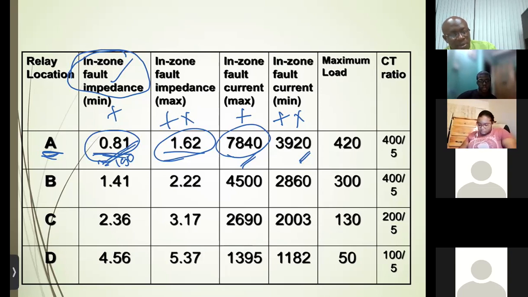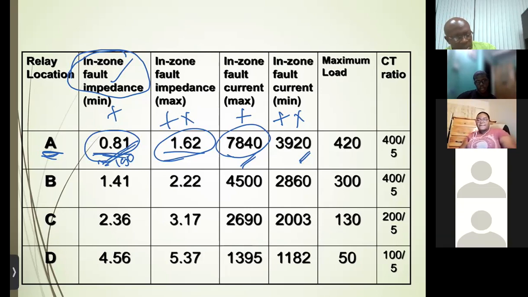Absolutely. So if I'm going to look at relay A, which relay would it be providing backup for? That would be relay B. All right, it therefore means that relay A must operate if relay B has a problem.